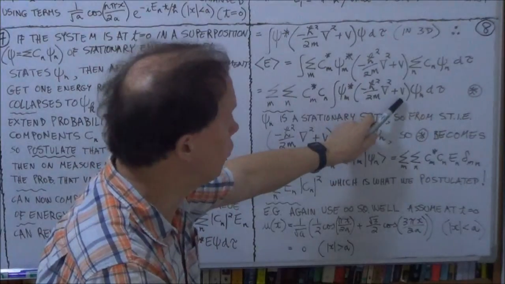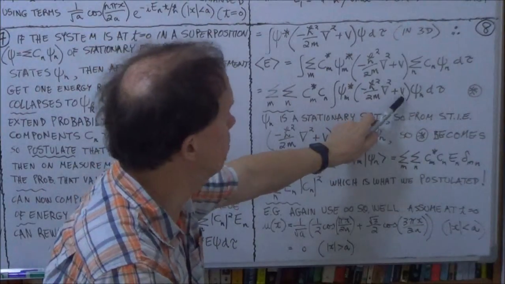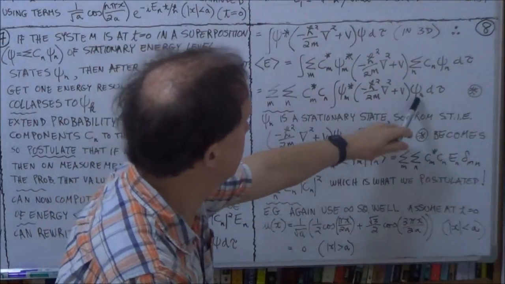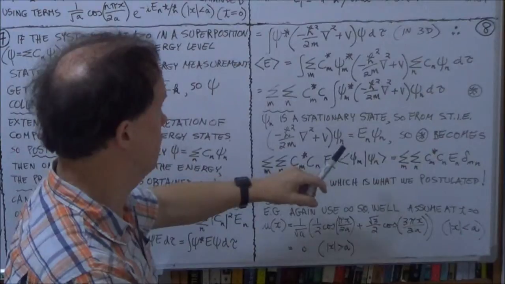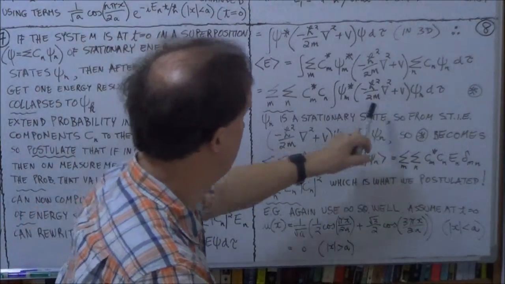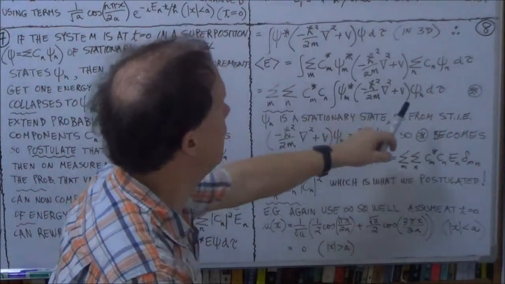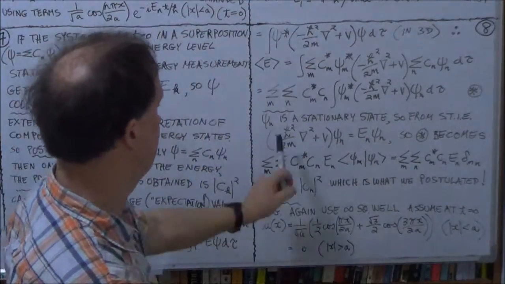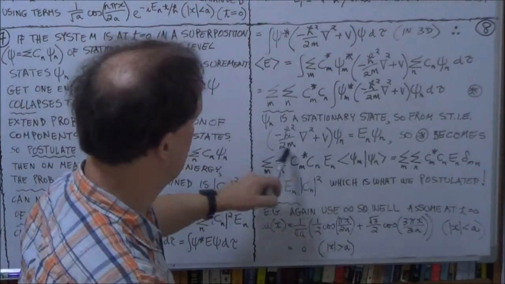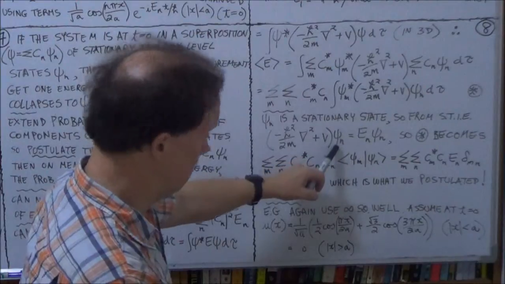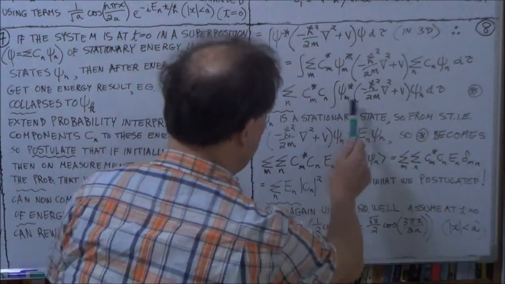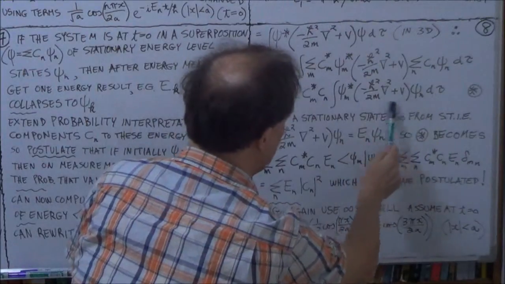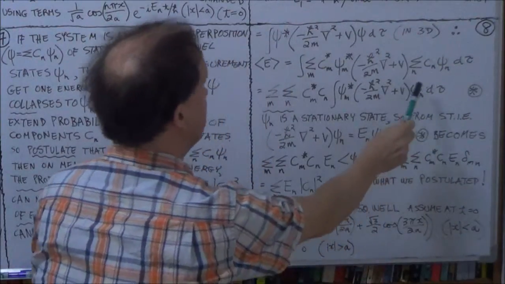It's a stationary potential by definition. Then this is a solution to the left-hand side of your Schrodinger equation. So you can rewrite this as En psi n, right here, because it's a solution to your Schrodinger equation.